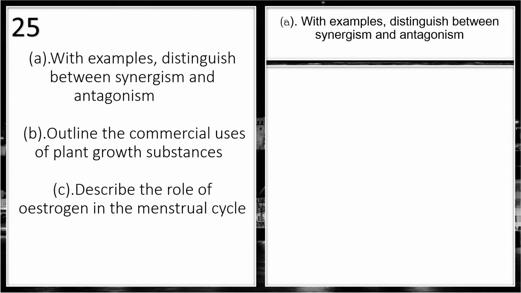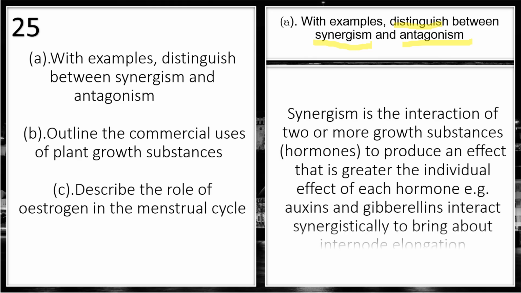Part A. With examples, distinguish between synergism and antagonism. Synergism is the interaction of two or more growth substances, those are hormones, to produce an effect that is greater than the individual effect of each hormone.